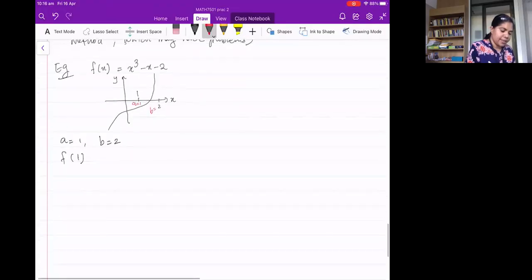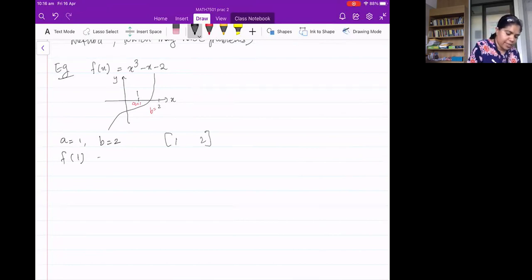So the starting interval is 1 to 2. Then if you compute f of 1, it is equal to minus 2, and f of 2 is equal to 2 cubed minus 2 minus 2, which is 4.